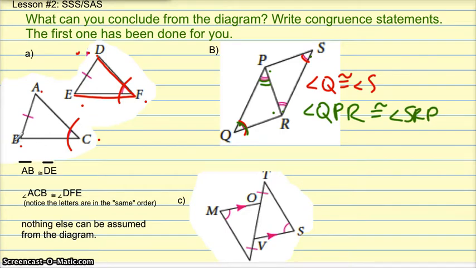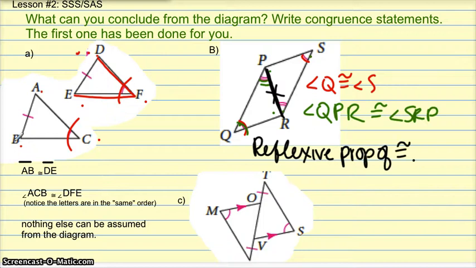If you think about these two triangles, they're touching along this seam. If they each have the same seam, then these have to be congruent, and we mark it with an X. It's referred to as the reflexive property of congruence. Reflexive, reflection, it's the same thing.